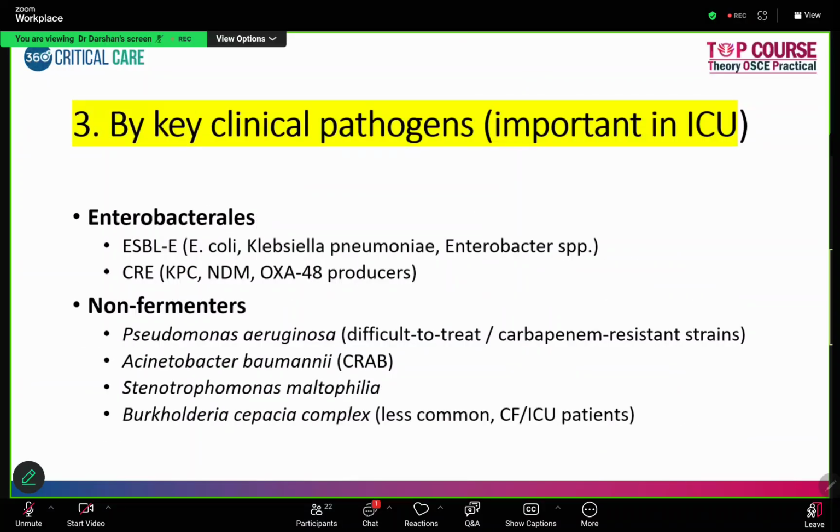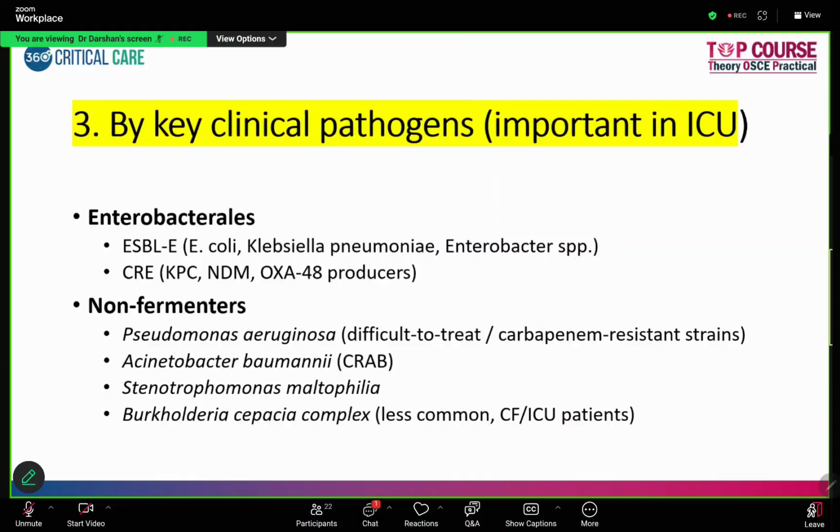Then comes clinical pathogens. So usually the mechanism of resistance we will not get straight away. Okay, sometimes we have to deduce it by the report which we get, and most of the times the AMST report which we get will tell us what the organism is.